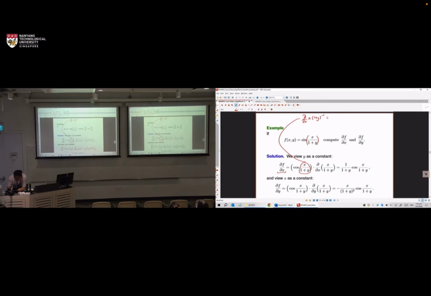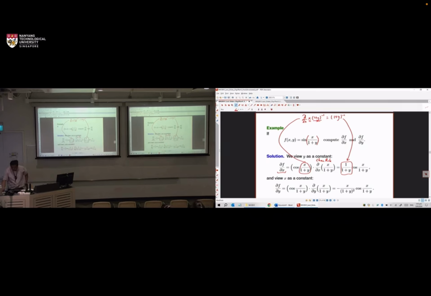Differentiate with respect to x, you are treating the 1 plus y inverse as a number, so it will just follow as well. The x you differentiate becomes 1. So I will have this term here. Is that clear? So this part here, I copy it down here, you have to do this because of chain rule, and this I got here, 1 over 1 plus y. This is chain rule, I just write here in case you all forget.